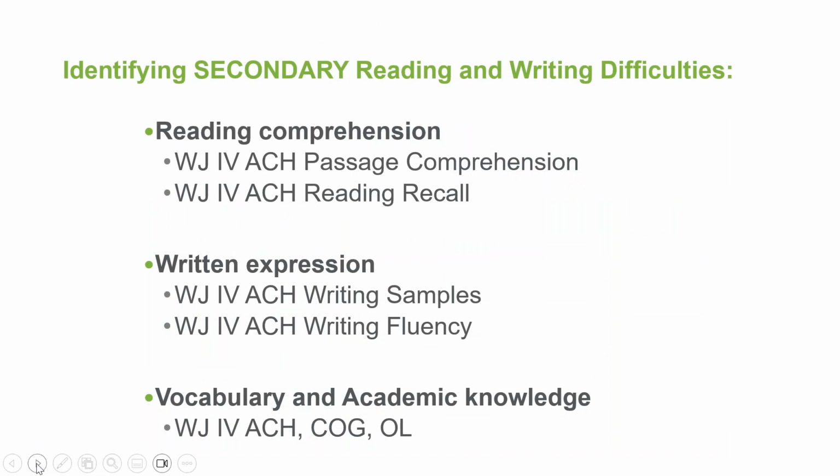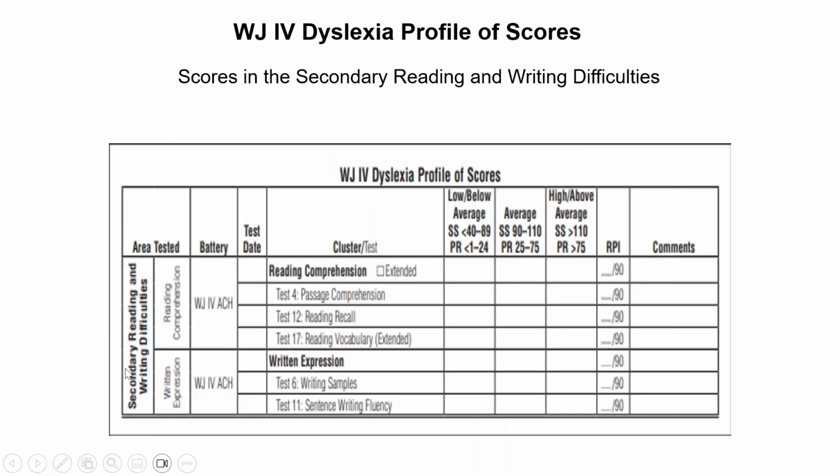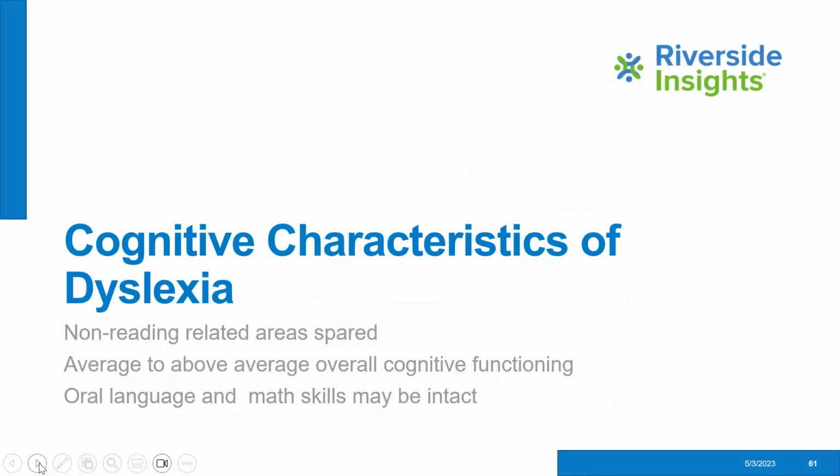It also goes through the secondary reading and writing difficulties, those different areas, and again, that's outlined on the dyslexia profile scores tool as well. So there's also the cognitive characteristics. Those are those non-reading related areas that are spared.